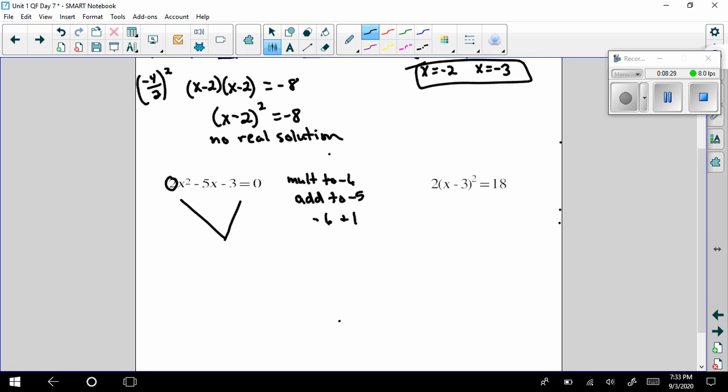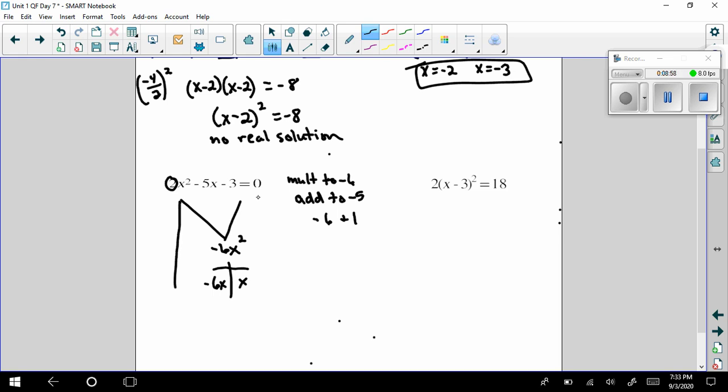So I have a 2x squared times a -3. I get a -6x squared. So in order to use my -6 and get a -5, I'm going to have a -6x and a +1x.